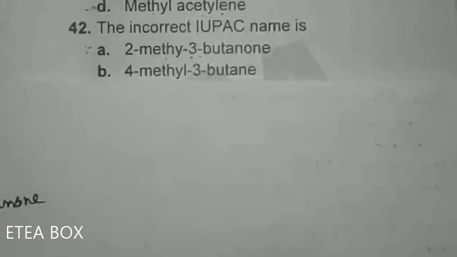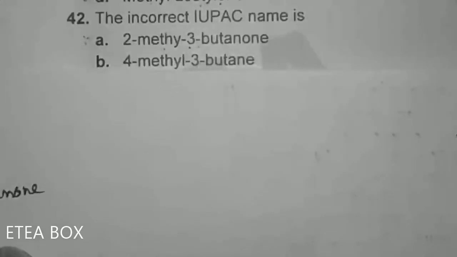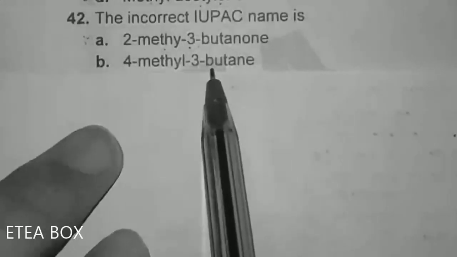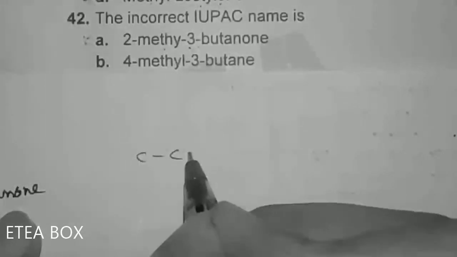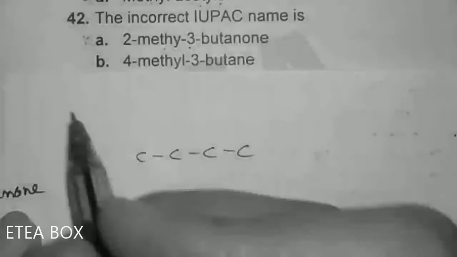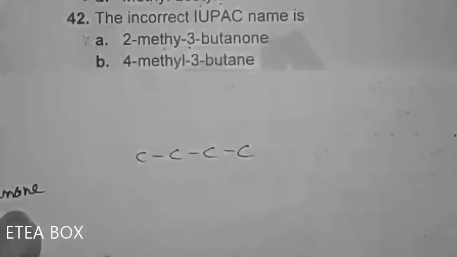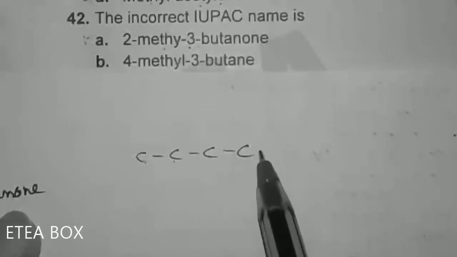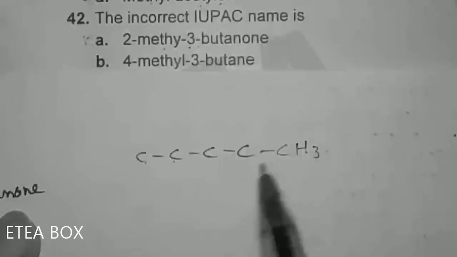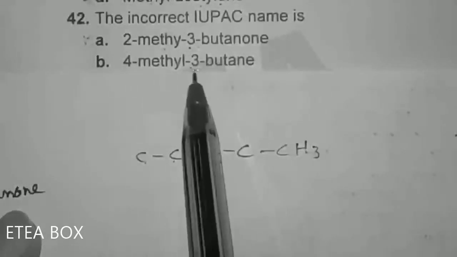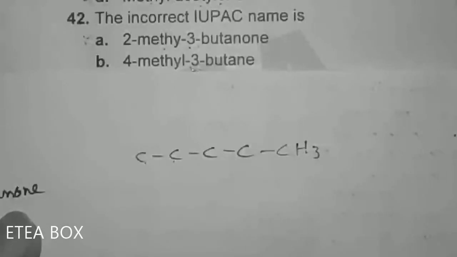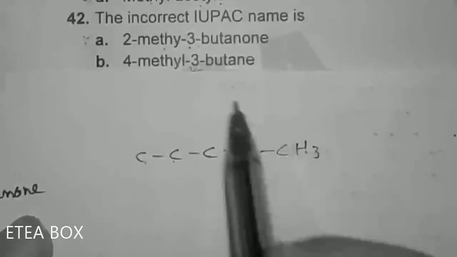Now let's draw 2-methyl-3-butane. The first step is to draw the structure according to these names. So you have to draw the butane, 1, 2, 3, 4, and on carbon number 4 draw the methyl. This one is methyl, on carbon number 4. And look, they have mentioned the location 3 of the single bond.